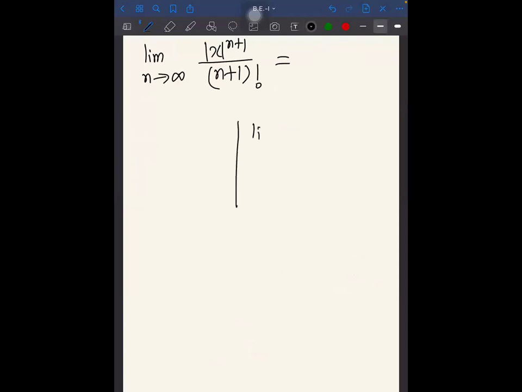Let me remind you: limit n tends to infinity of x^n/n! equals 0 for all x. We did this result in sequences, though I haven't proved it. I had said there are top 5 or 6 results which we are going to use. That was part of sequence and series.